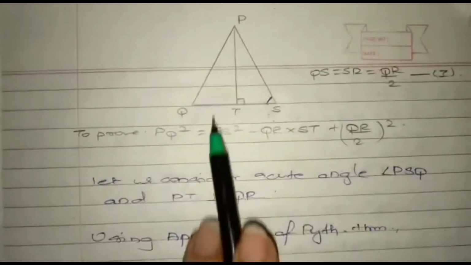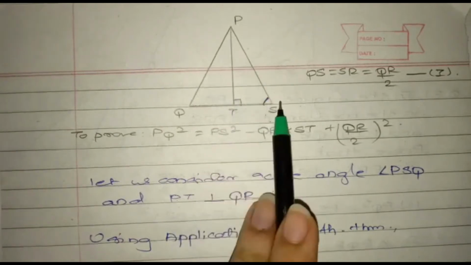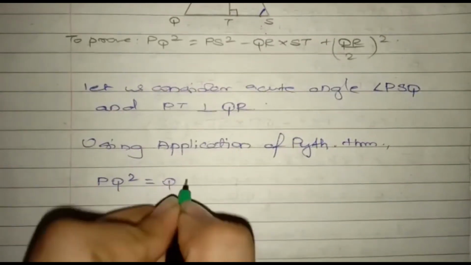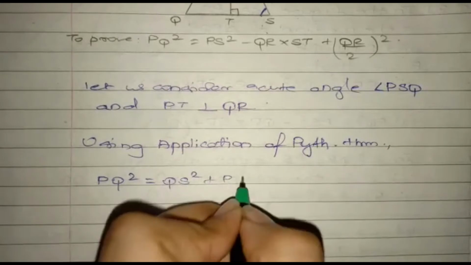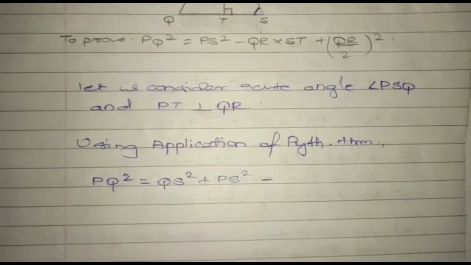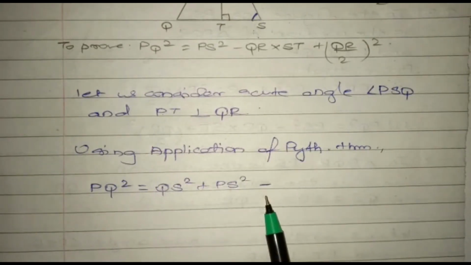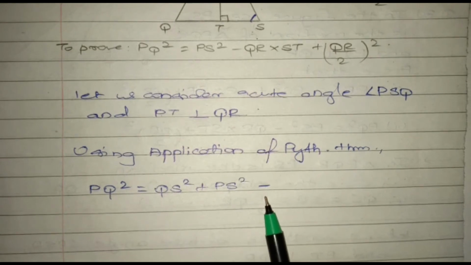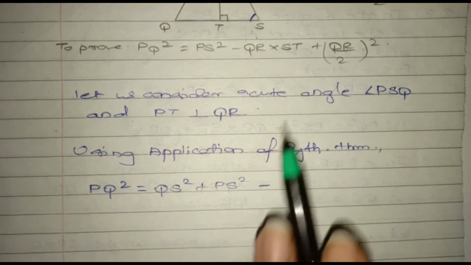is equal to, the remaining sides are QS square plus PS square, and here it is minus. In the case of acute angle we use minus sign, and in the case of obtuse angle we use plus sign. So this is the case of acute angle, we are using minus sign.